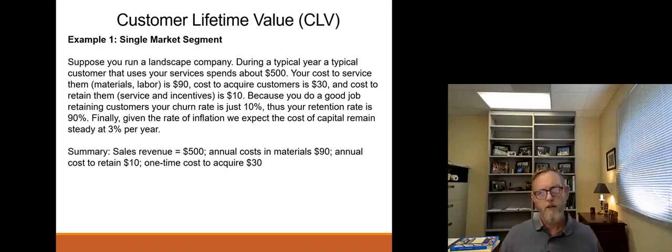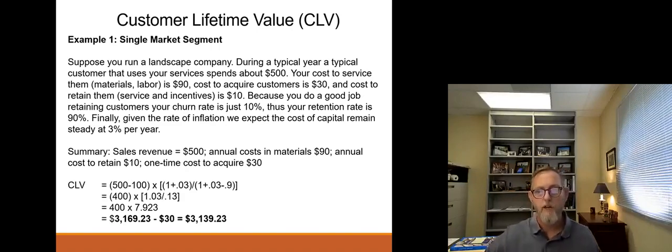Okay, so putting it all together, there's a lot of information there, but we're going to take this $500 as our revenue, and then take out of that $500 the 90 and the 10, because those are things that we pay every year, kind of like variable costs, to satisfy this account. We're going to use that as our gross contribution.